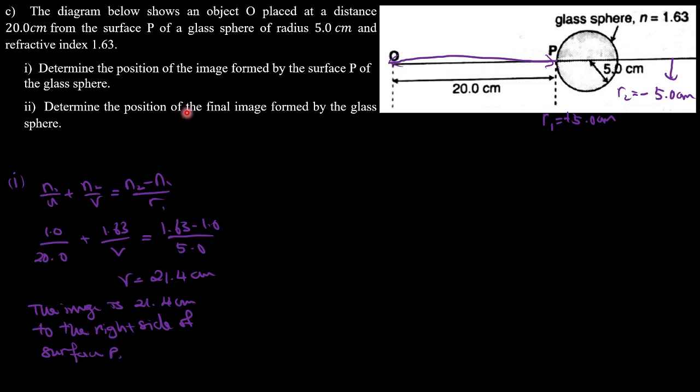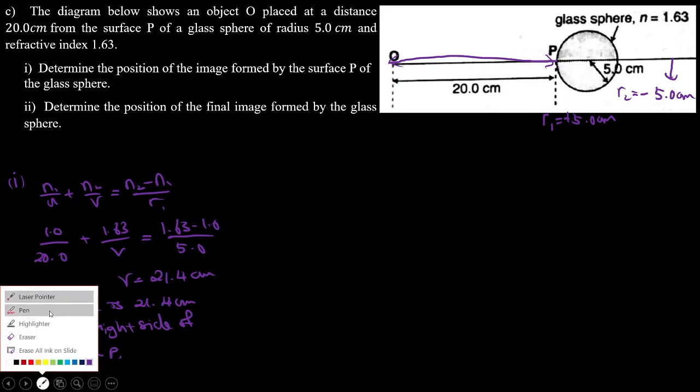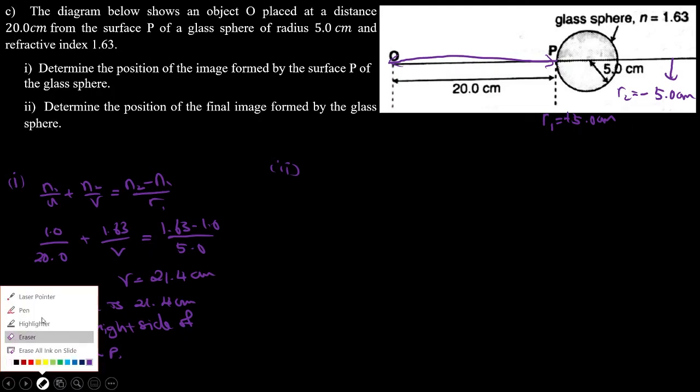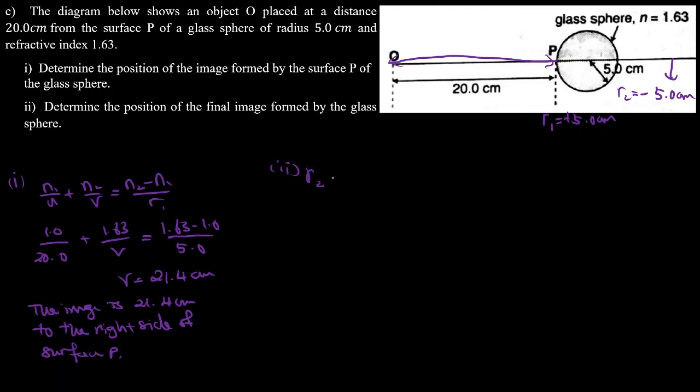In order to determine the position of the final image, you have to determine the object distance first. First you have the value of r2, which is equal to negative 5.0 centimeter because it's a concave surface, and your u now. Your u2 will be from here to this distance. 21.4 centimeter is the image distance of your first image.